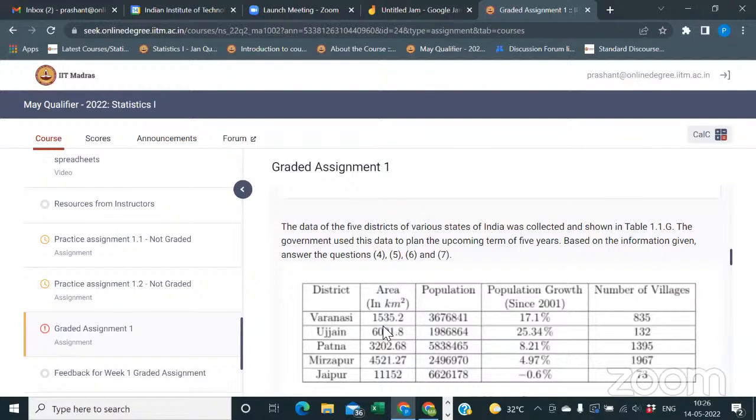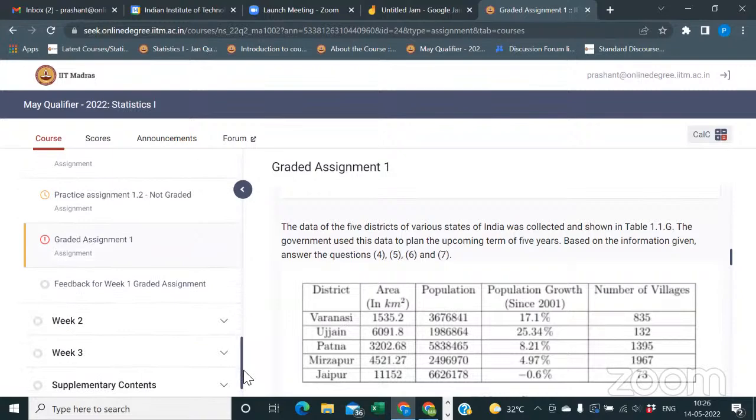For nominal data, you cannot calculate the median. Median is not defined for it. It is similar for that question, because we cannot arrange the data in ascending order. For nominal data, how can you arrange? Can you say Varanasi is much better than Ujjain, or Patna is much better than Bijapur? No, you can't say that in general.